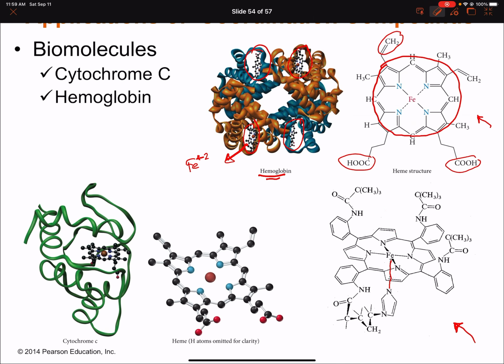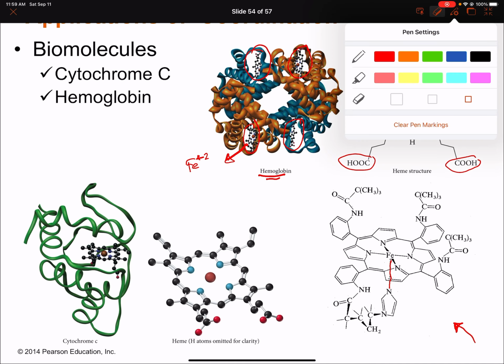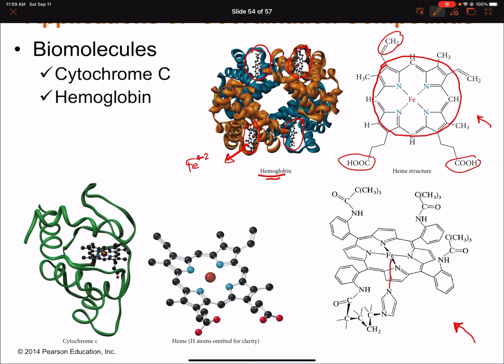If I go ahead and show you where oxygen comes in, I'm just going to pick a different color. So your oxygen binds right here in this position, like O2. The binding of oxygen to the iron in the hemoglobin is not very strong.